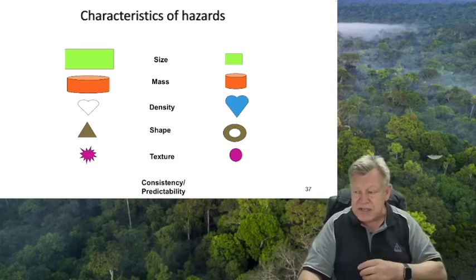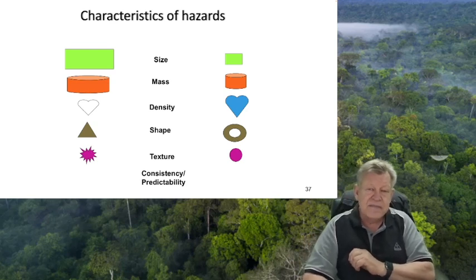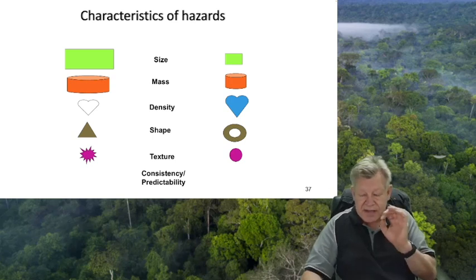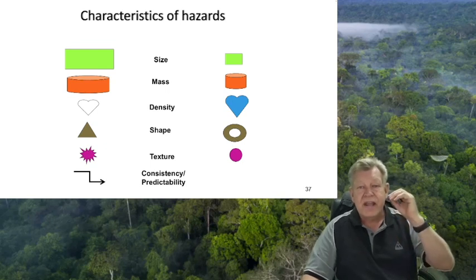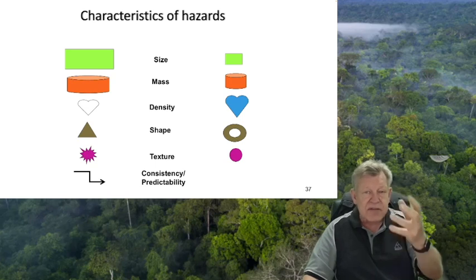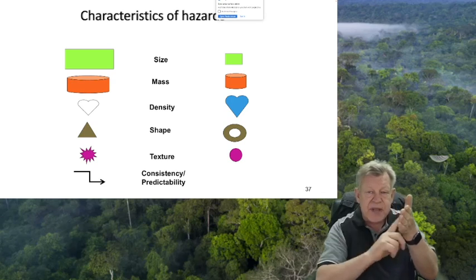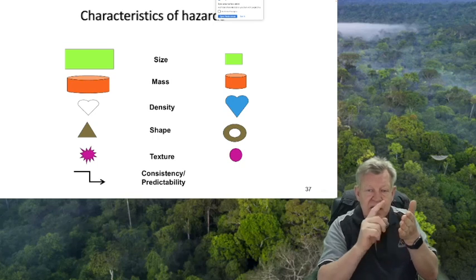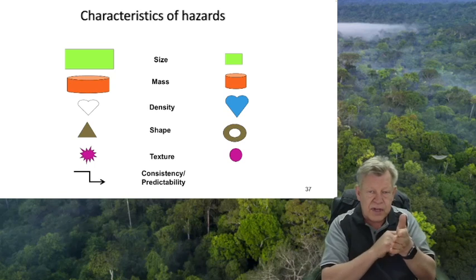What is the characteristic? Lastly, a characteristic about a hazard that people sometimes overlook is the predictability. If a hazard is going to always behave in the same way, in other words, a car is always going to drive at the same speed, along the same road, at the same time of the day, and so on, then I can choose at what time I can cross the road and the car will not hit me.